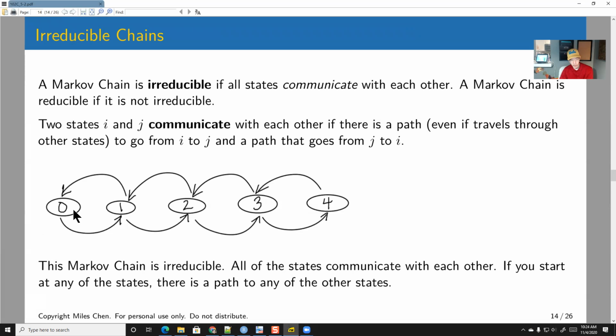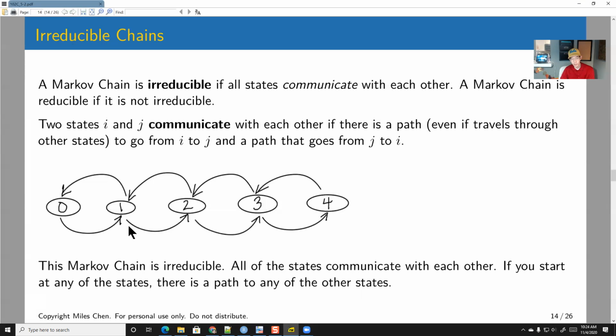So from 0, you can reach state 3. And then from state 3, can you get to state 0? Yes, you have to go through 2 and then through 1, but you can also get to state 0.